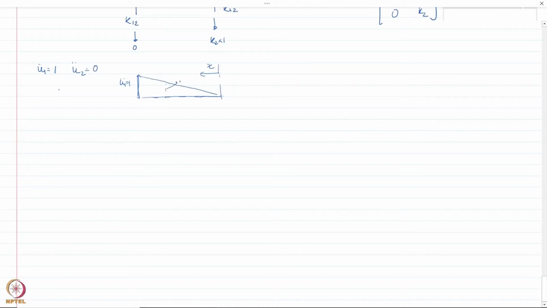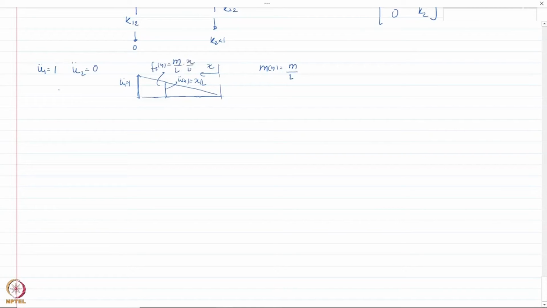So the acceleration at x is basically x by L. The inertial force would simply be the mass at x, which is m divided by L, so the inertial force at any distance x would be F_I(x) equal to m by L times the acceleration at that point, which would be x by L.